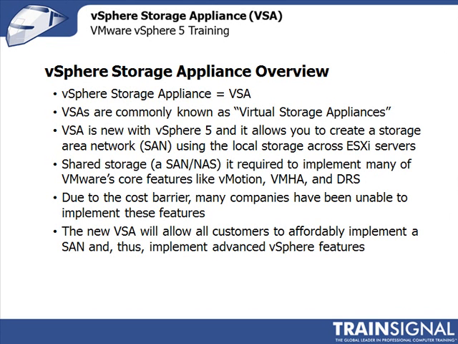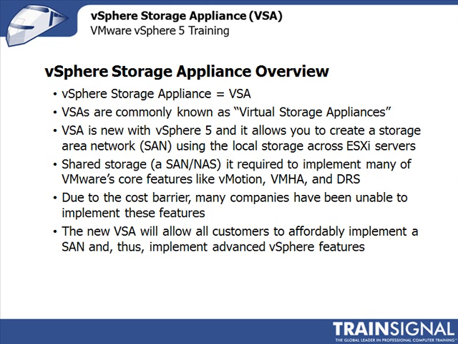So this shared storage is required, of course, to implement many of VMware's core features like vMotion, vMHA, and DRS. So as you know, shared storage is really critical to using vSphere's advanced features. Many of these features VMware calls their core features, and people expect to be able to use those when they implement vSphere, but you're not going to be able to use them without a shared storage device like a SAN or a NAS.